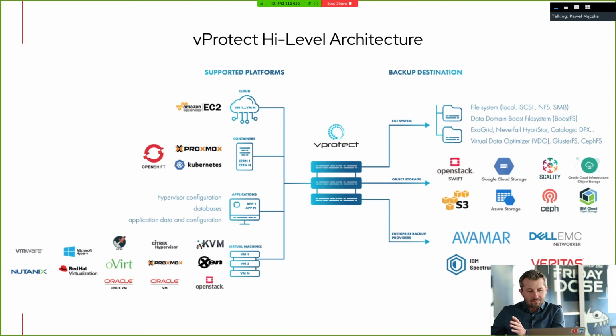The second flavor is on the right side. You can see that Storware vProtect can store the data in different formats. The first one is the file system, and it could be CephFS, but there is no point because we can talk directly with the Ceph object storage using the S3 protocol. So this is the next option, when we're using Ceph as one of the backup destinations.